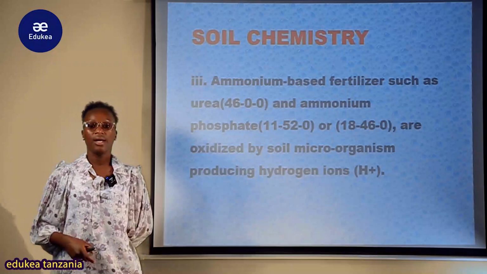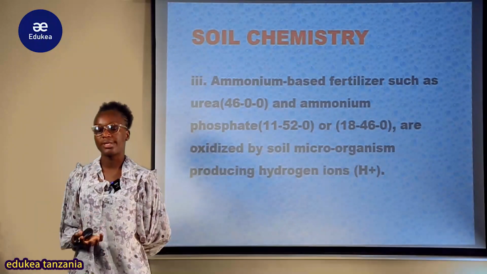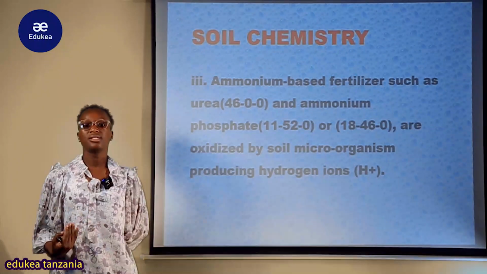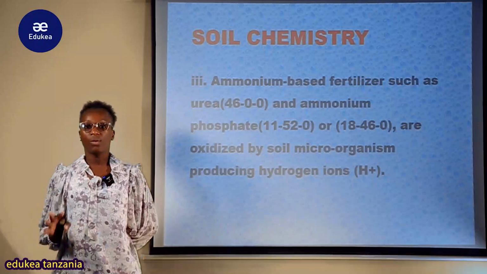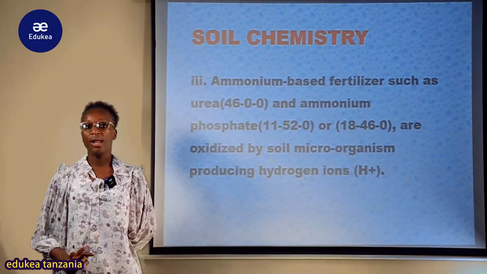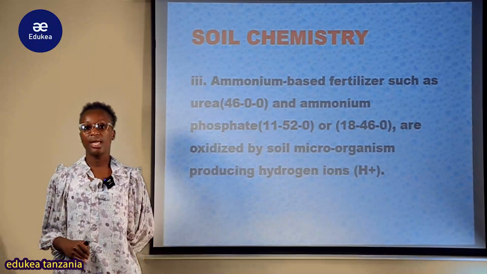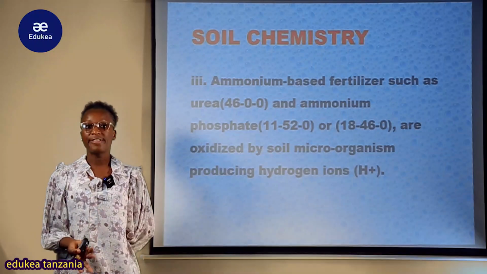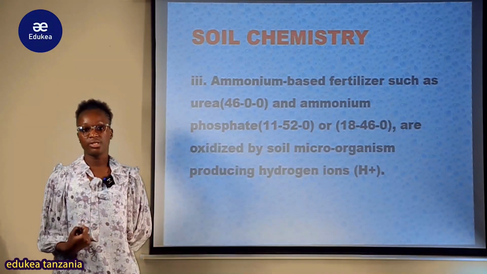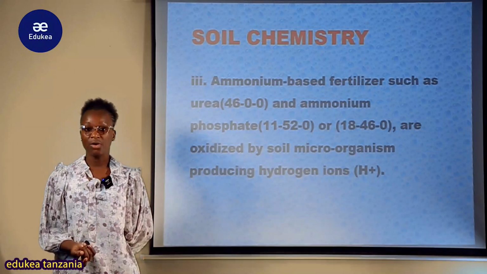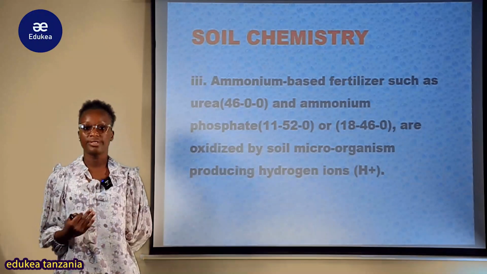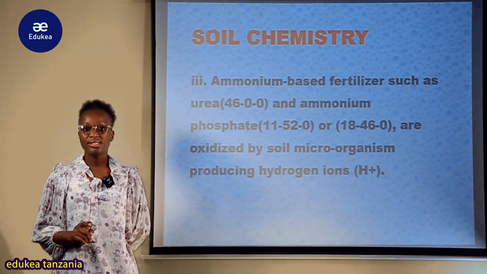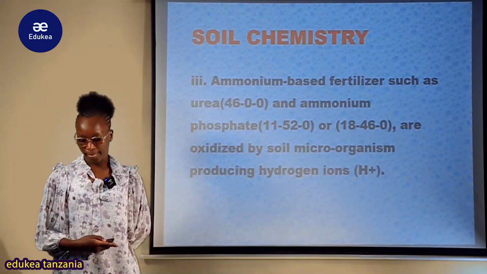Hizi zote hizi mbolea tukizitumia zinakuwa oxidized na zile microorganism, kwamba wewe utaimwaga pale itakuwa oxidized na wale wanyama wale, hizi microorganisms watafanya decomposition. After there watafanya releasing of those hydrogen ions. After releasing the hydrogen ion itasaidia kumodify au kuadjust the alkaline soil ambayo iko pale.